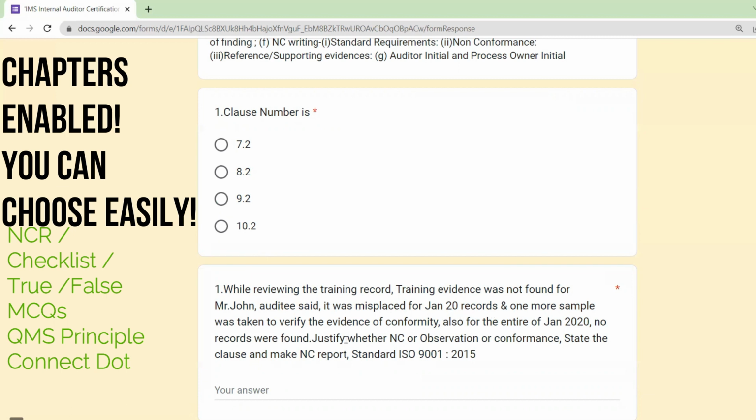One more sample was taken to verify the evidence of conformity. Also, in the entire records of Jan 2020, no record was found, and justify the NC. Yes, it is the NC. And the class number is, this is training. This class number is 7.2.